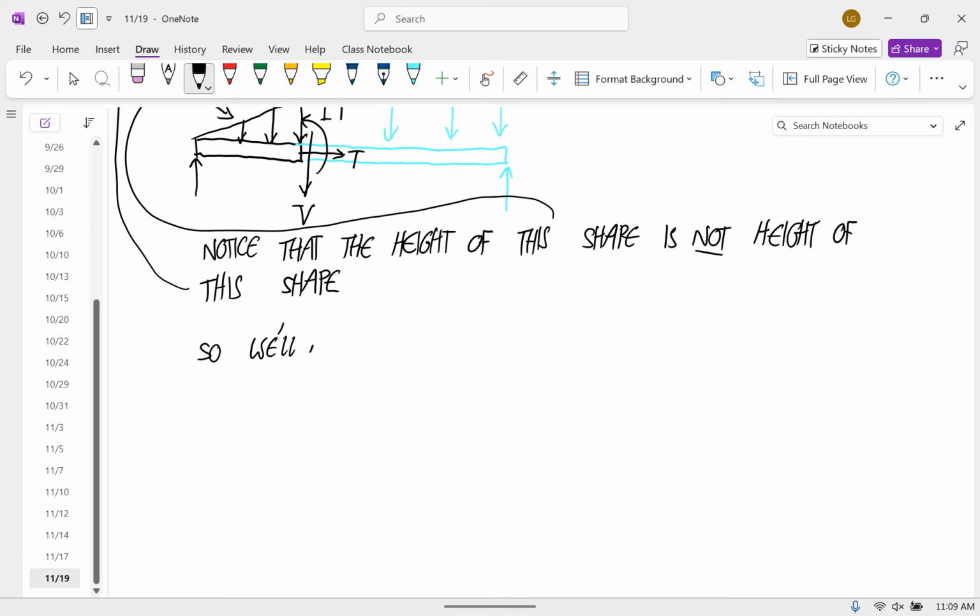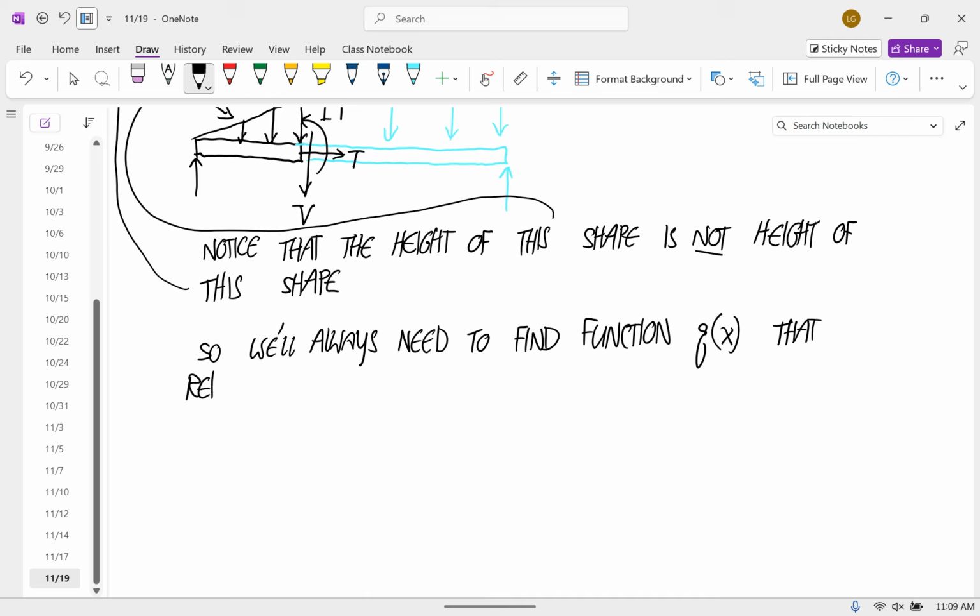So we'll always need to find the function q of x that represents the height of the distributed load for a given x.